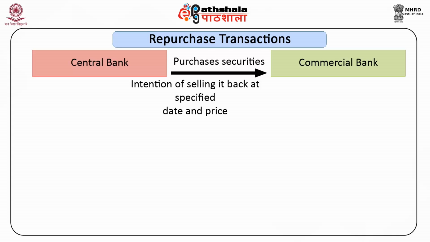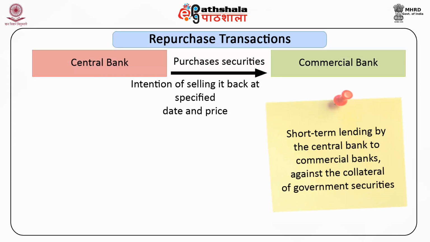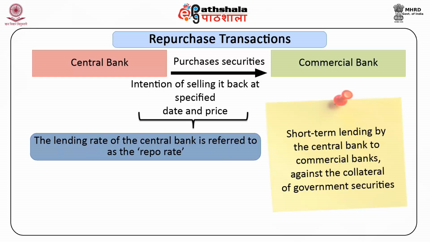This is a form of short term lending by the central bank to commercial banks against the collateral of government securities. The lending rate of the central bank, or the rate at which the central bank is buying securities, in this case is referred to as the repo rate.